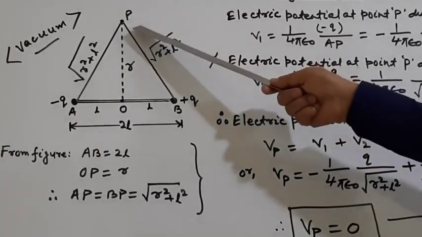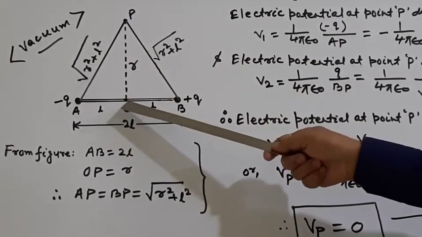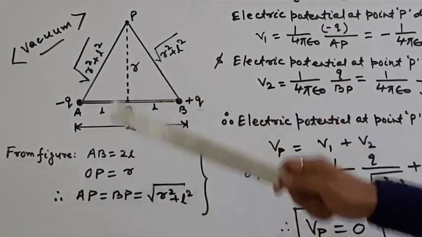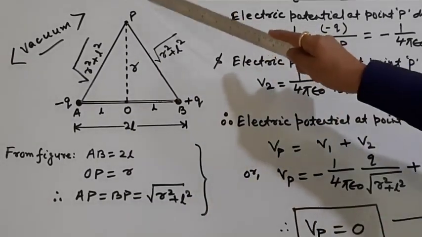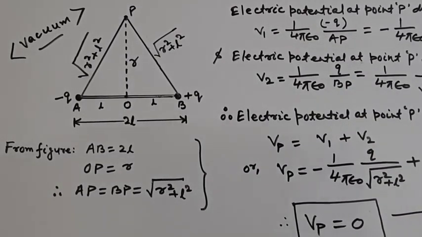P is the point at perpendicular distance from the midpoint O of the dipole, and at this point P the electric potential is to be calculated.